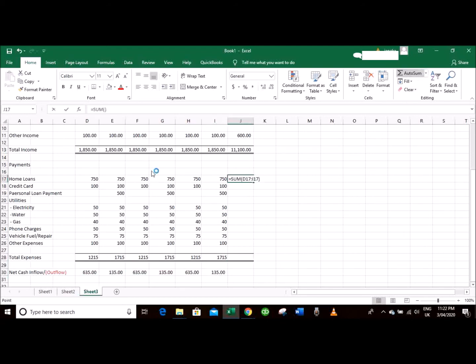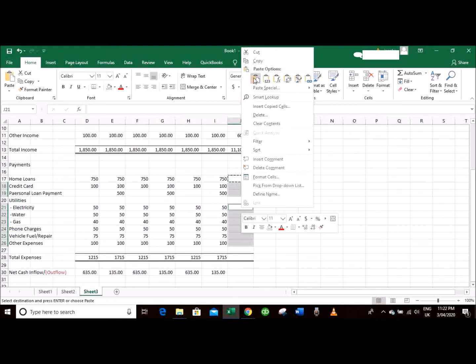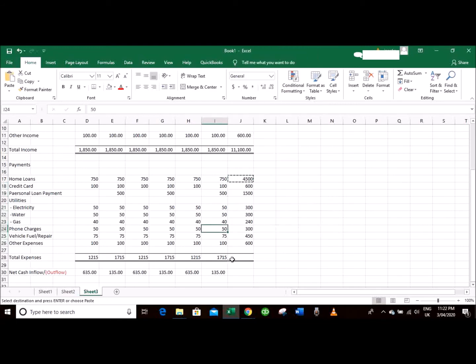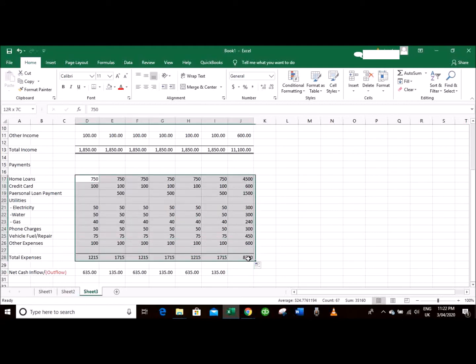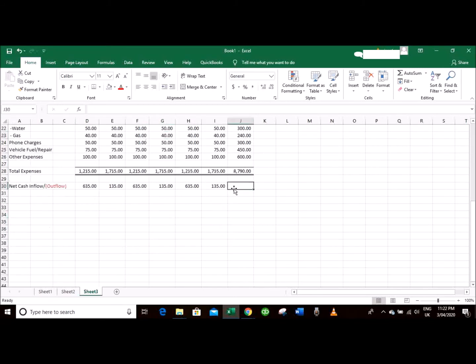Sorry, I forgot to put the total on these cells. Right, again same thing, I'm going to put the comma here and the same formula in here.